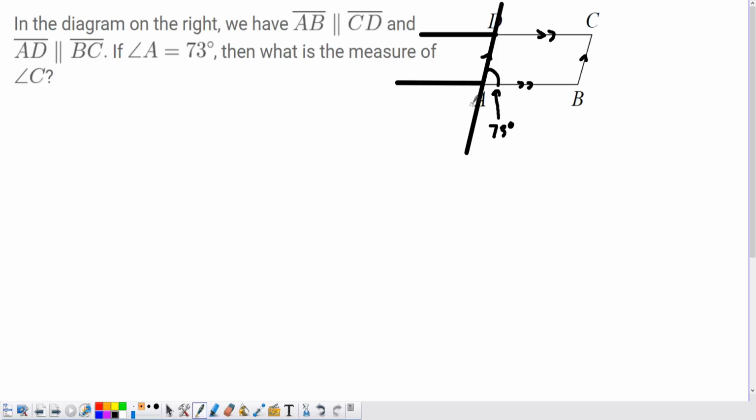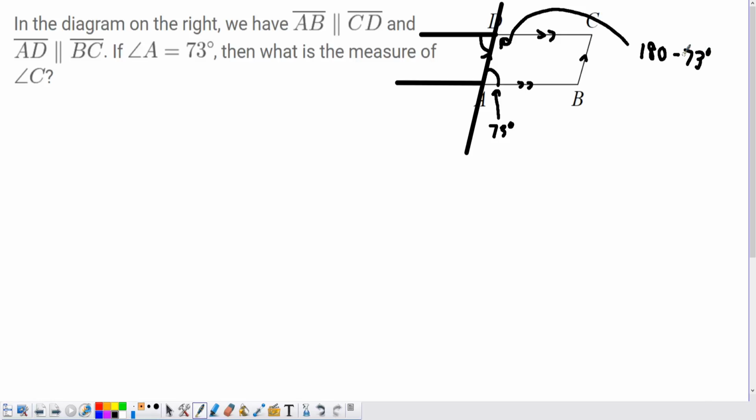Now, what that means is if we have alternate interior angles, because we have two parallel lines, AB, DC, and a transversal AD, then that means this one is also 73 degrees. Then that means this angle at D would have to be 180 minus 73.